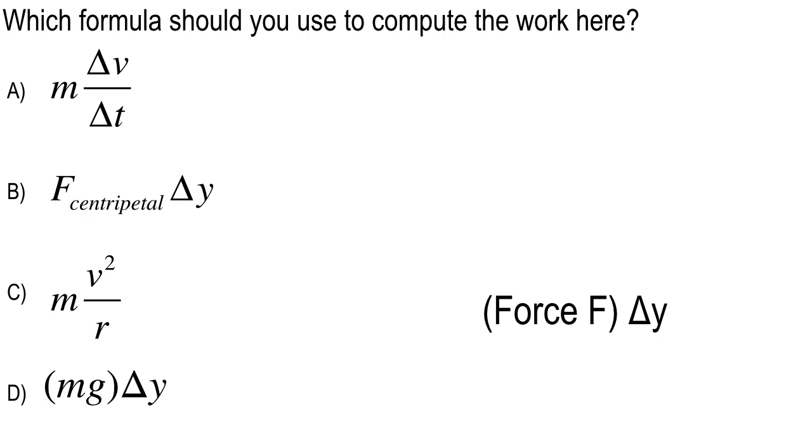Type in an A, B, C, or D. And remember, work is always F, some force times a delta x, or some force times a delta y if it's going up and down, or even delta z if it's going in the z direction. F delta z.